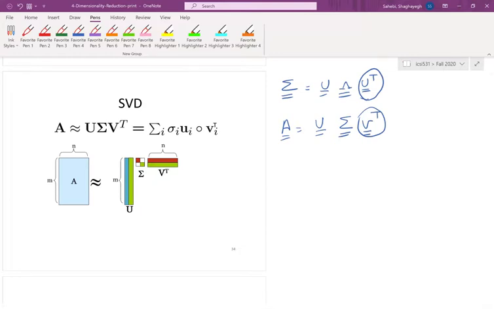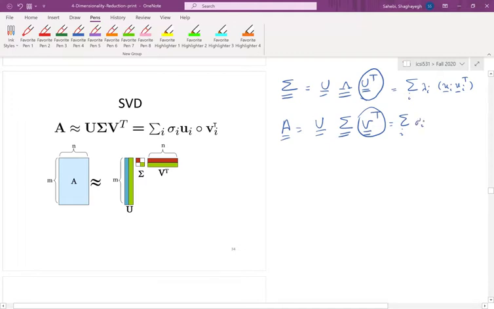But similar to PCA, where we could write sigma as a summation of rank 1 matrices, we can also rewrite SVD as a summation of rank 1 matrices. How?